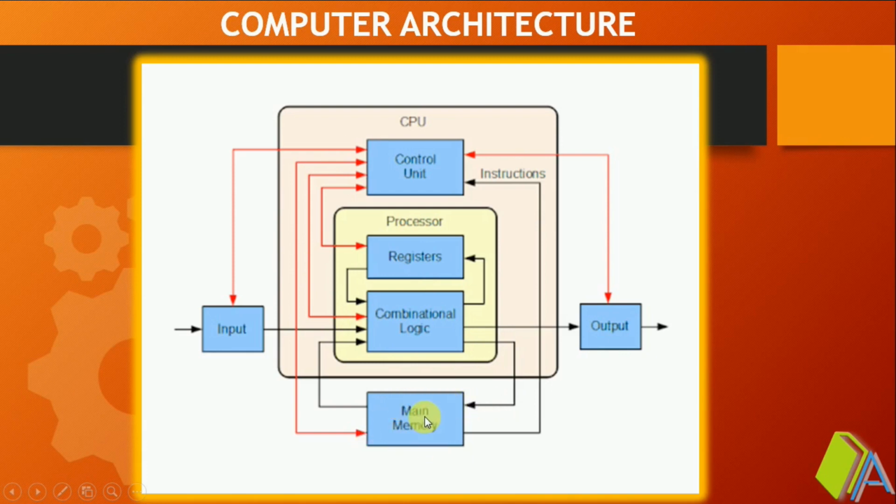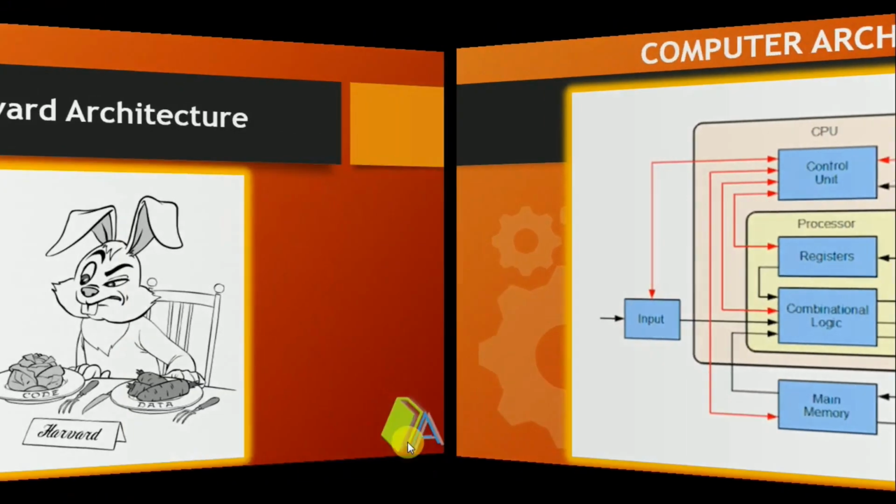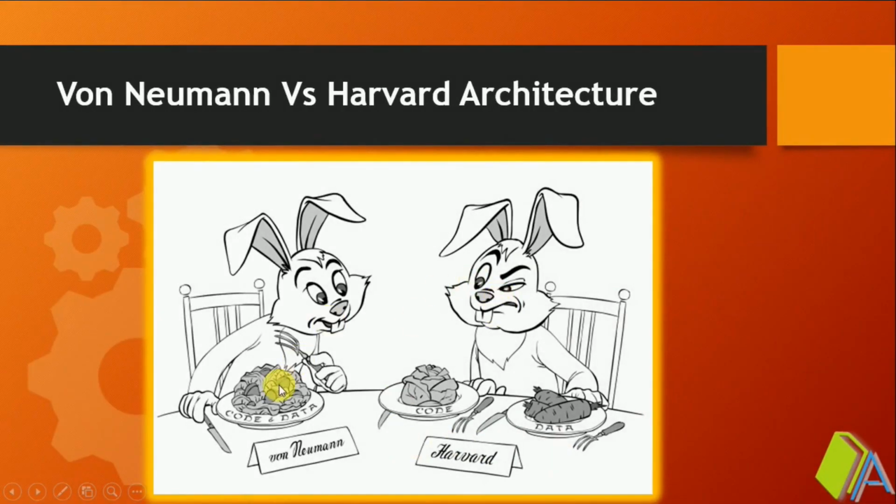Actually, the speed of the computer depends on the architecture of the memory, and we can see that. For understanding, I am going to show this particular picture. Consider the leftmost one as von Neumann architecture and the rightmost one as Harvard architecture. Considering the bunny as a processor, this processor has a single memory for storing code as well as data.